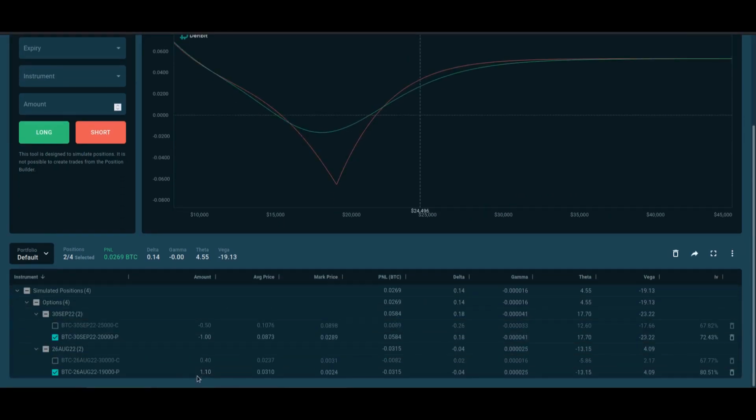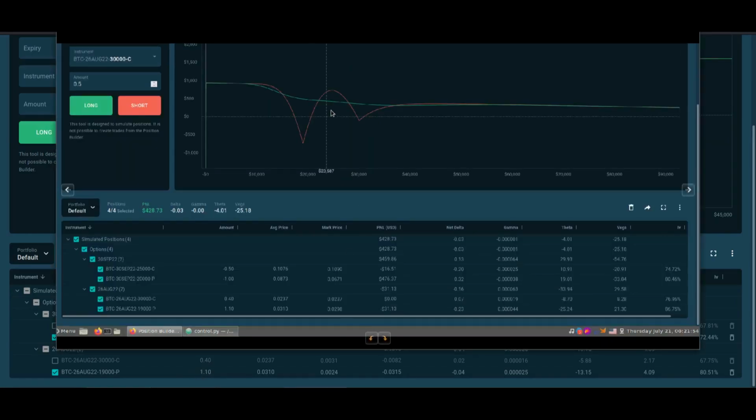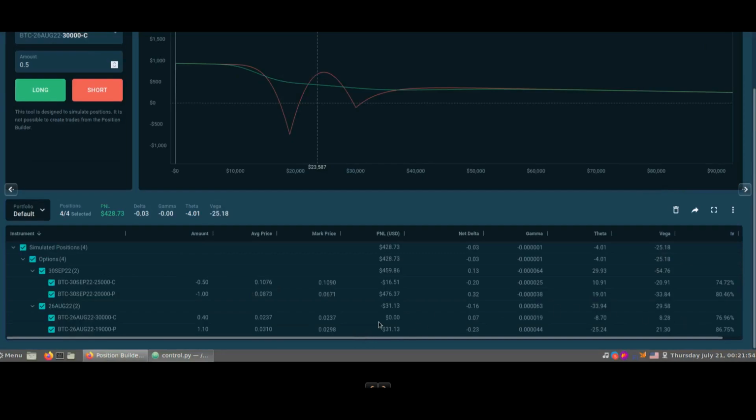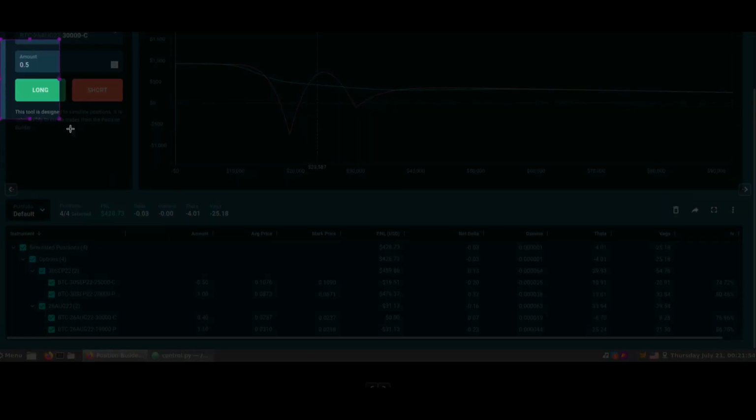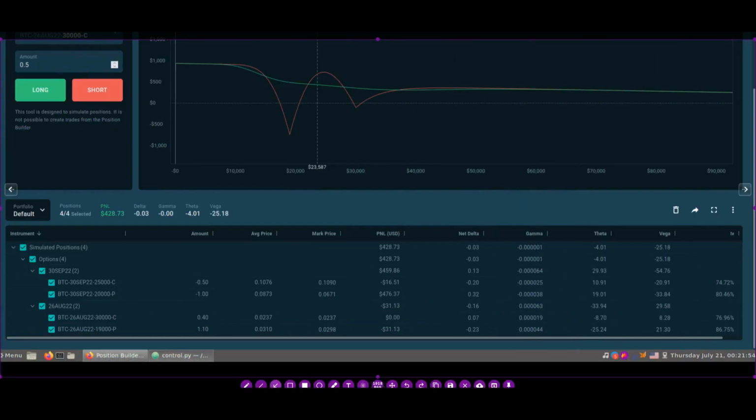I bought a little bit more, because let me show you the initial position, and let's take a look at our volatility values.